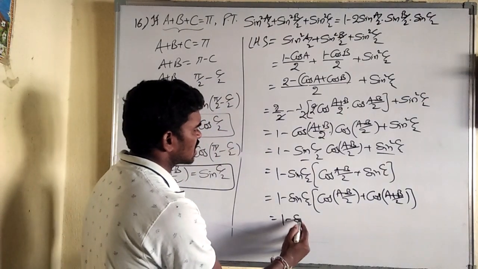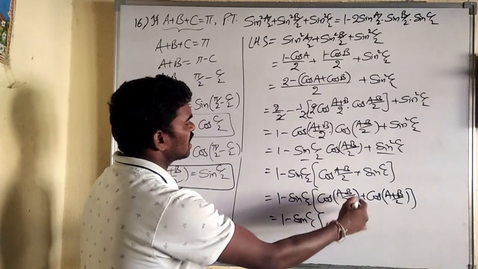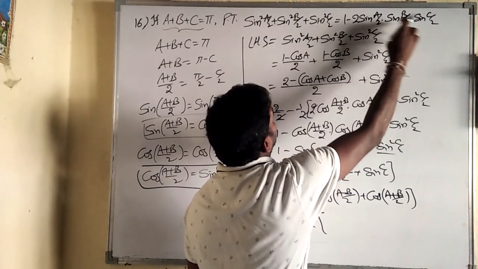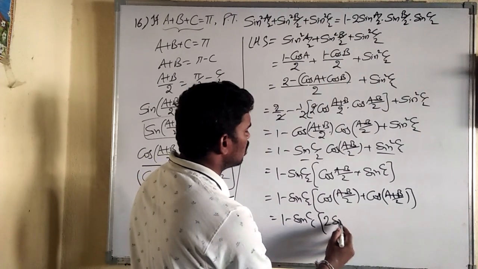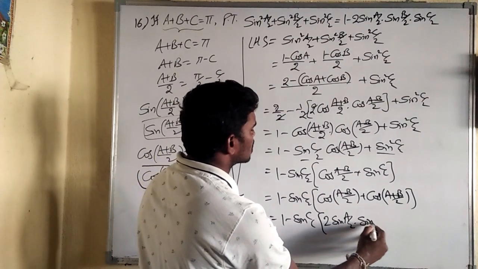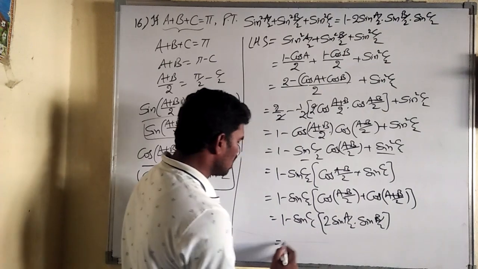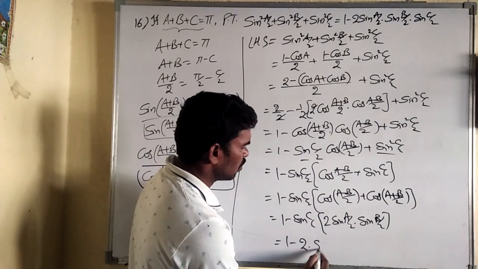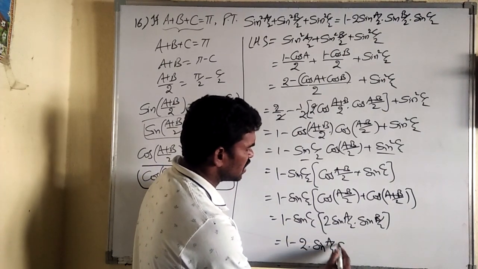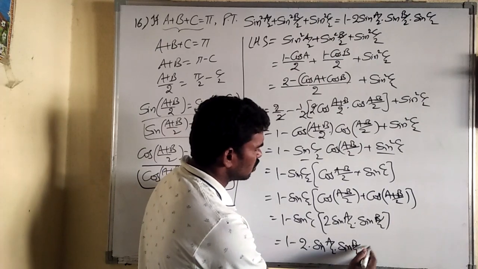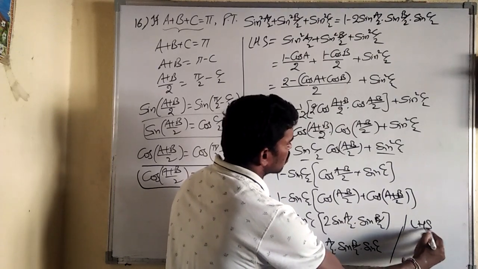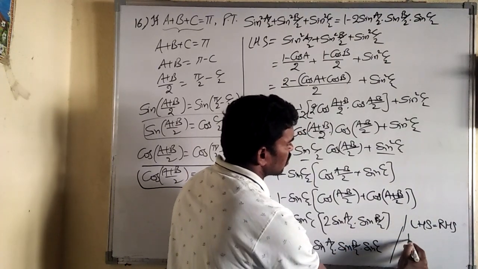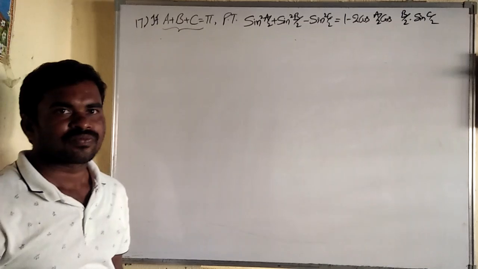We get 1 minus sine c/2 already there, remaining 2 sine a/2 sine b/2. So we write 1 minus 2 into sine a/2 into sine b/2 into sine c/2. So got it? Therefore LHS is equal to RHS. Hence proved. This is the solution.